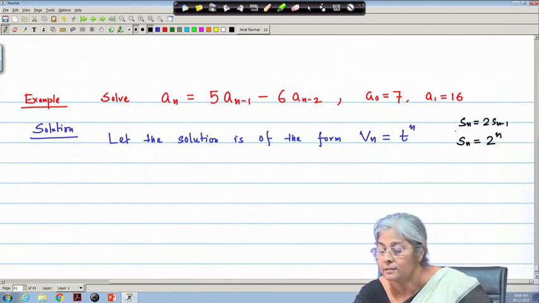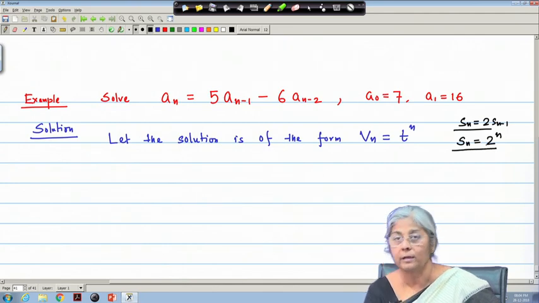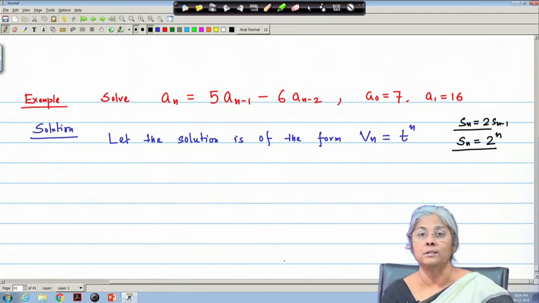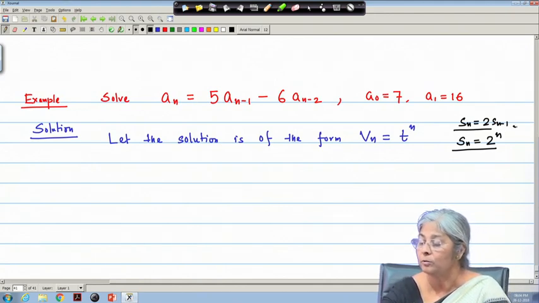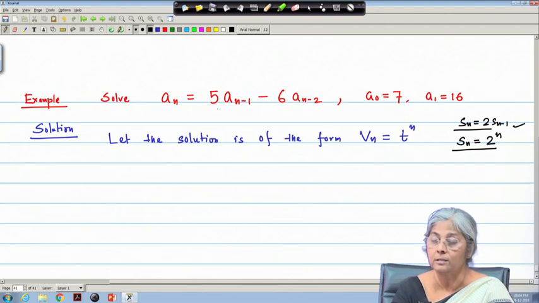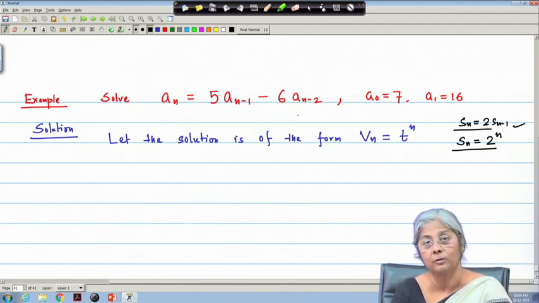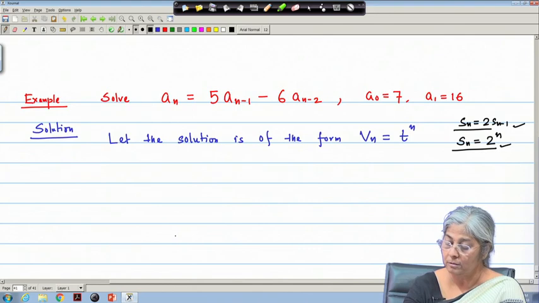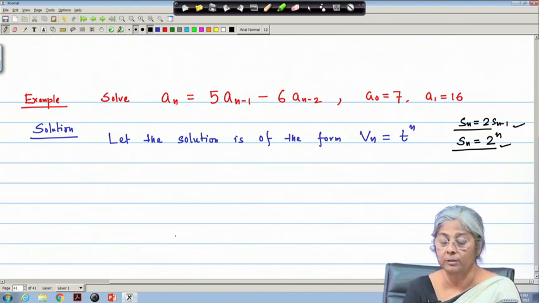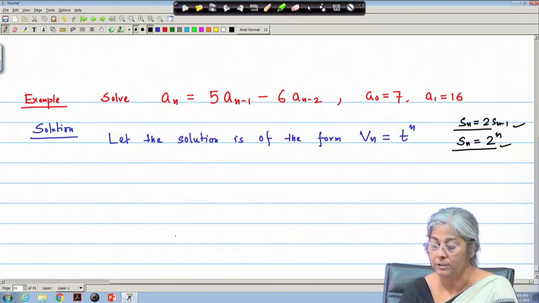See, this simple form that we are using here, since here it is of order 2. So, this is the technique normally we use to solve the linear homogeneous recurrence relation. So, V_n is t to the power n.